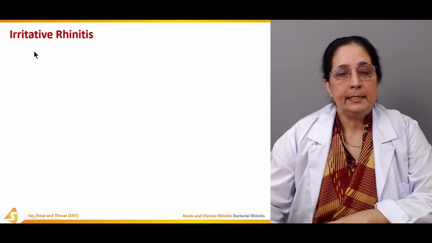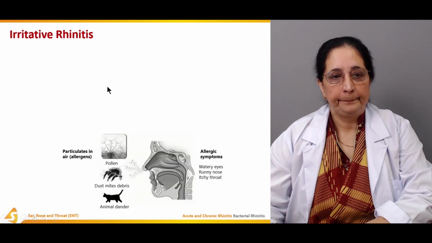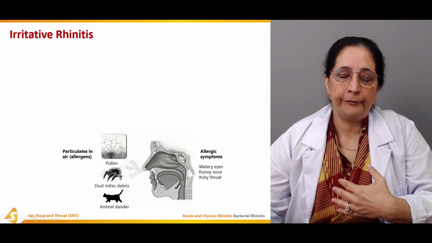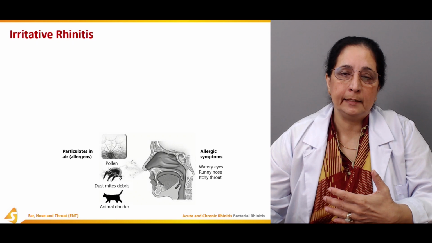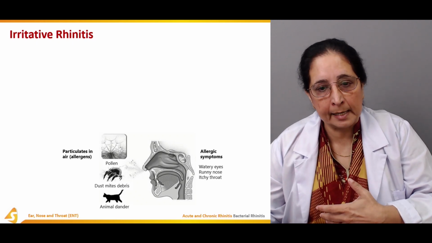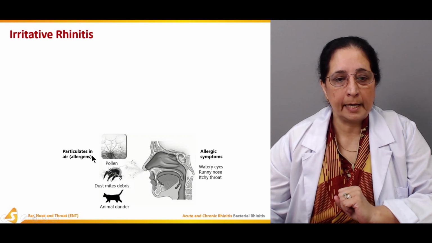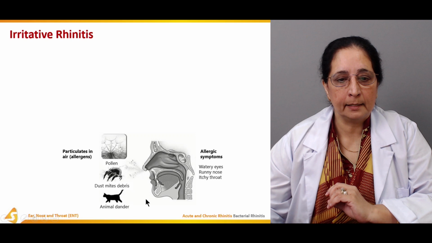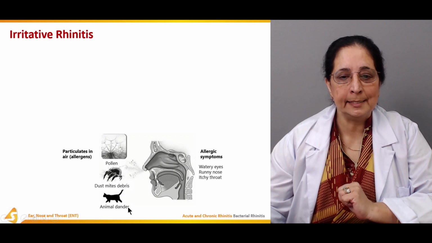Next is irritative rhinitis. Irritation can be due to different allergens present in the air that can cause irritation and lead to rhinitis, like different pollens, dust mite debris, and animal dander.